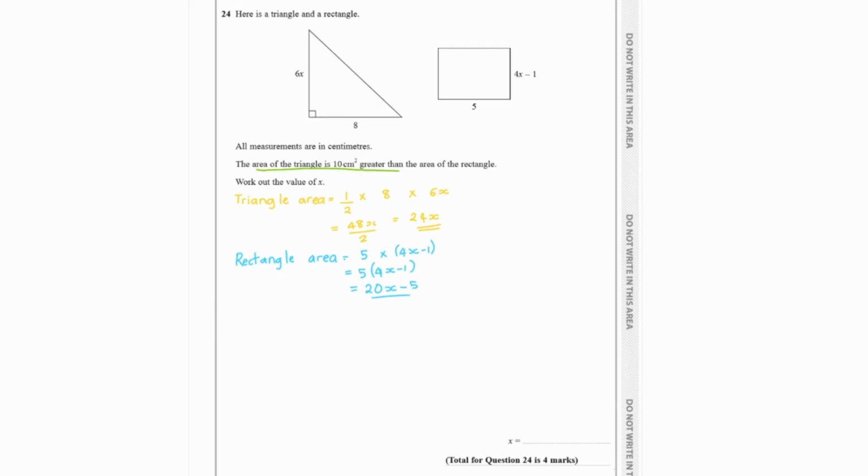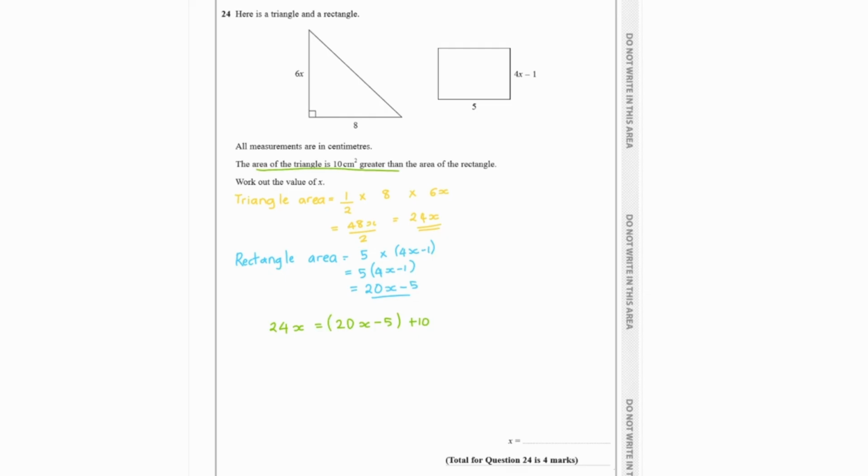We're then told that the area of the triangle is 10 centimeters greater than the area of the rectangle, which means that the area of the triangle, 24x, is equal to the area of the rectangle, which is 20x minus 5, plus another 10 centimeters squared.